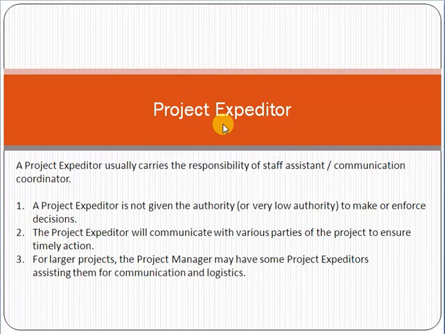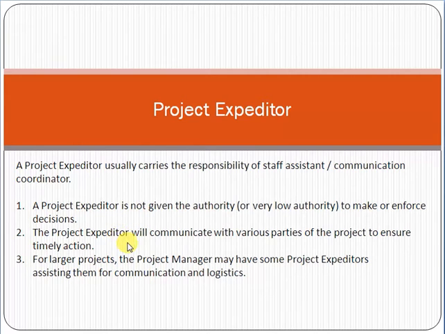Similarly, for example, some staff member calls the project expediter saying he needs a flight ticket on 5th of November so that he can reach some location, and the project expediter will arrange the ticket and tell the resource that the ticket has been arranged, and he can easily go there.